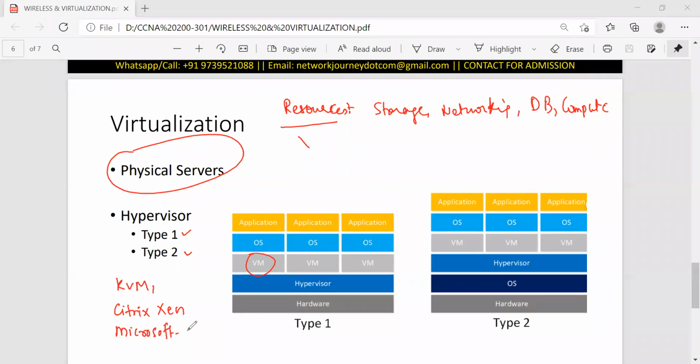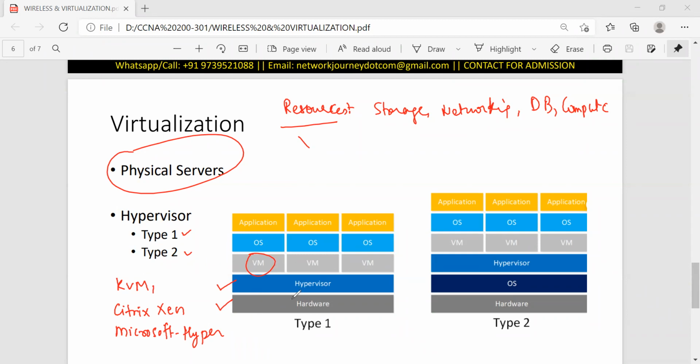Okay, so there are different hypervisors available. You have to have hardware on which you install any of these hypervisors. They are nothing but virtualization software, I can say.